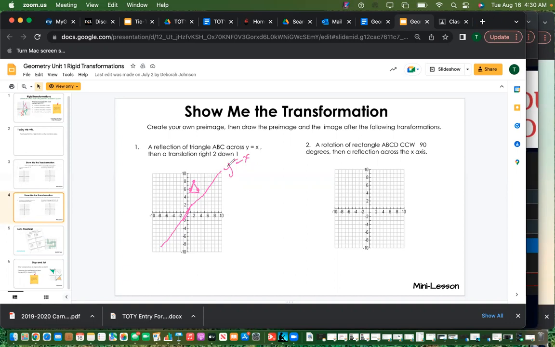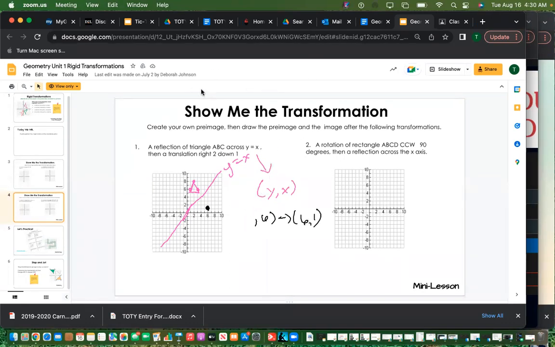Okay, and what I'm gonna do is I'm gonna reflect across the line Y equals X. Remember, our rule for this is going to be Y comma X. So we're gonna switch our X and Y. Okay, so this point right here is 1 comma 6. So this is gonna be 6 comma 1.